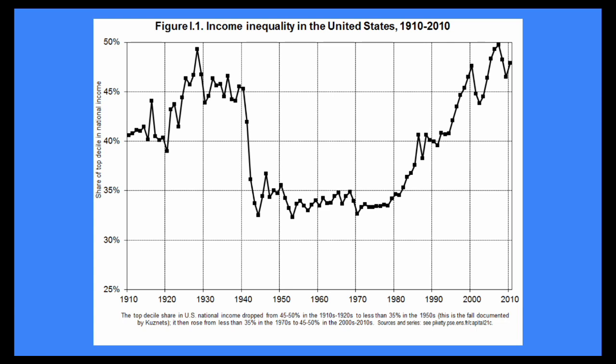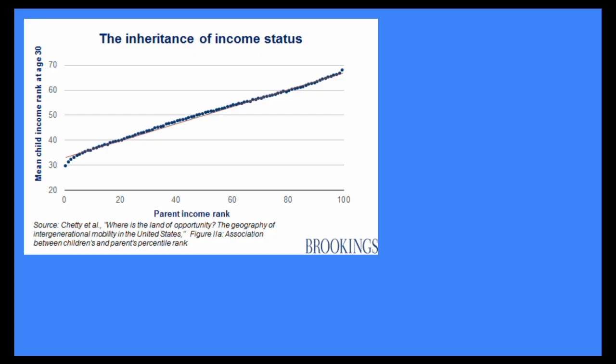This is looking at it in the United States, and that is important because the U.S. offers a very specific attraction in that this is supposed to be the land of meritocracy.